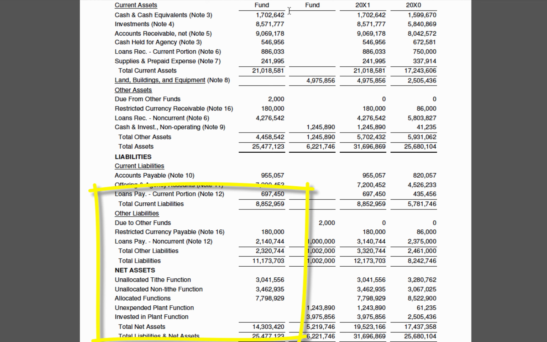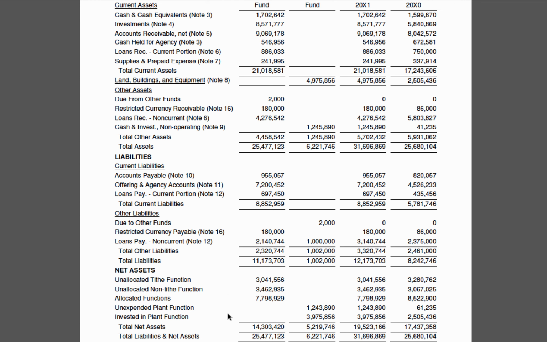Accountants should only use it in the context of a self-balancing set of accounts and never refer to net assets as funds. And it's an honest mistake. I occasionally will accidentally say something like unallocated tithe fund or allocated funds, but that is incorrect. We are going to call these claims down in the net assets functions and not funds.